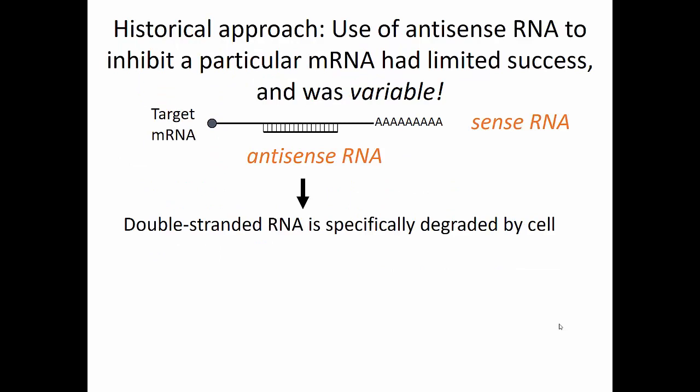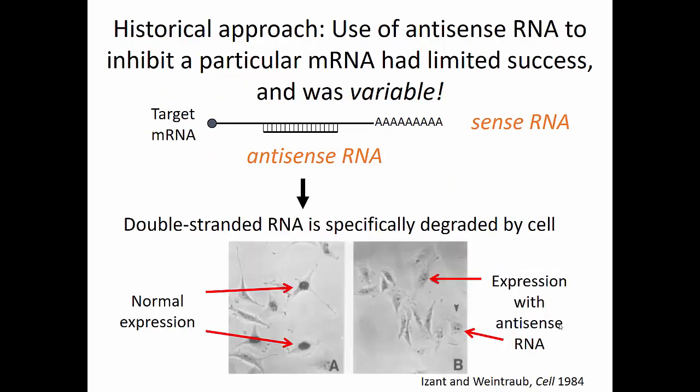So I want to tell you a little bit about the discovery of RNA interference. As we talked about in prokaryotes, there's been this idea of antisense RNA that has been around for quite a while. The idea is that an RNA that is complementary to the normal messenger RNA, called antisense RNA, can bind to messenger RNAs and either block their translation or lead to degradation of that messenger RNA.